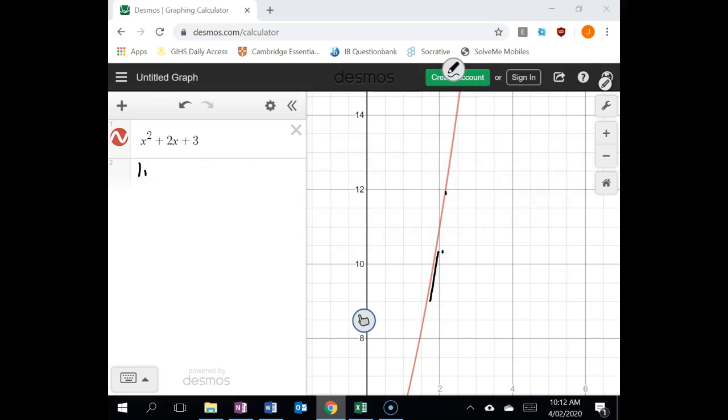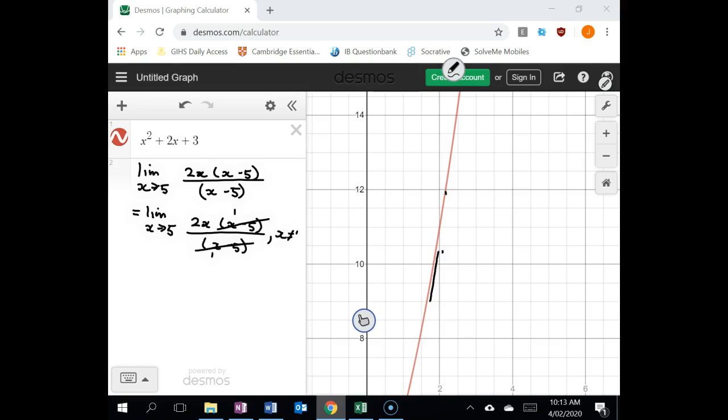I can say the limit as x goes to 5 of 2x(x take 5)/(x take 5) equals the limit as x goes to 5 of 2x(x take 5)/(x take 5), and in this step, I can cancel out the (x take 5)s, provided that we're not going to think about when x equals 5. So then I get the limit as x goes to 5 of just 2x.